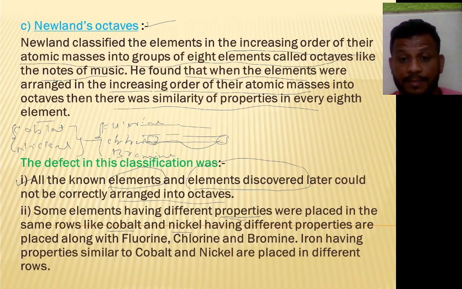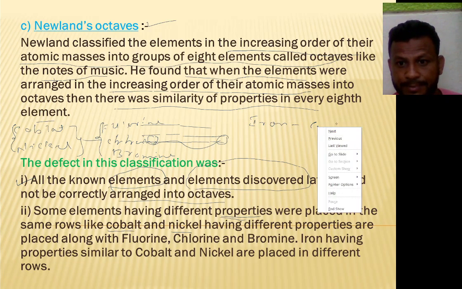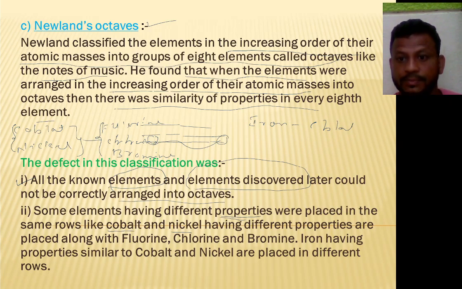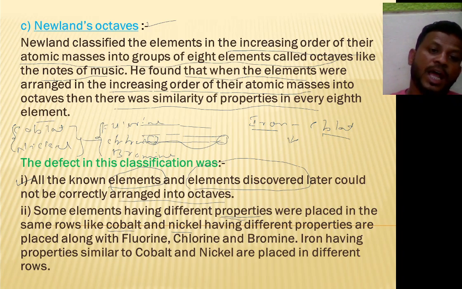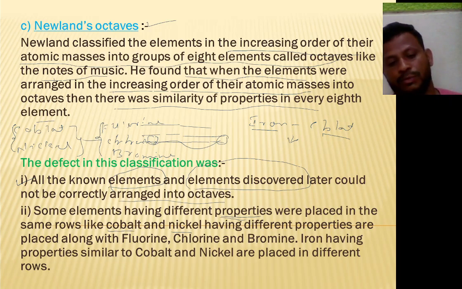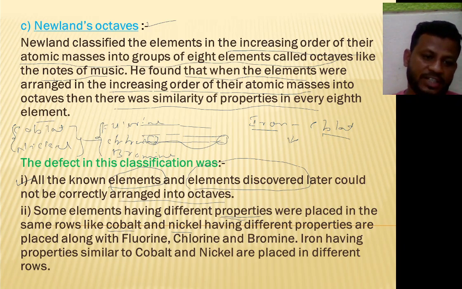And look here, iron also has the same property as cobalt, right? These iron and cobalt having the same property are kept in different rows or different columns. So the Newlands' octave also failed to classify the elements.